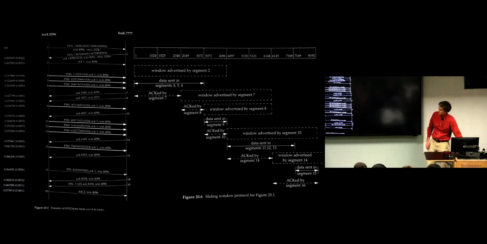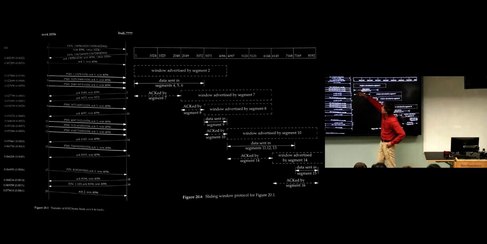Okay, so in the handshake, the server, the receiver here, advertised its window size as 4096, and that means that when the sender has sent this third packet of data, its window is 3/4 full.